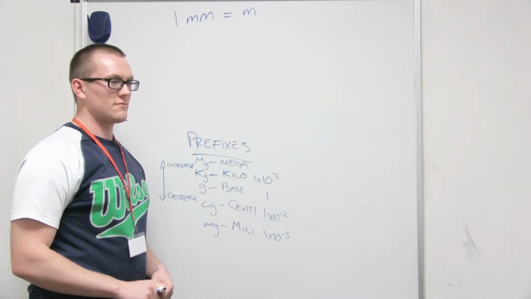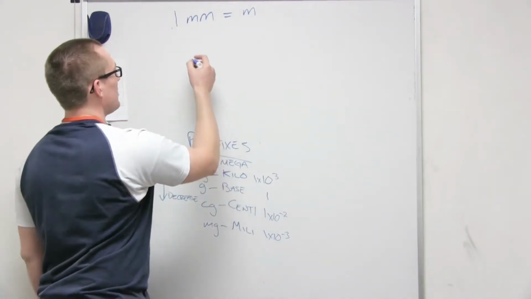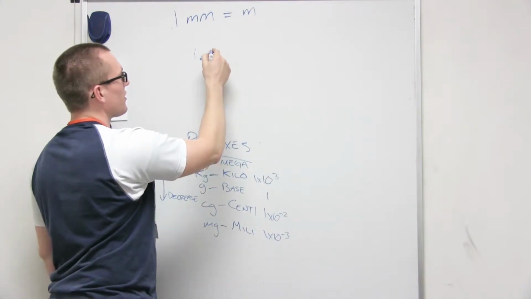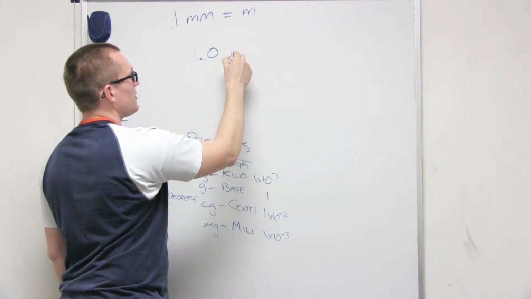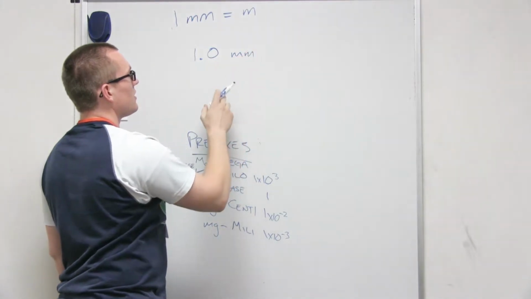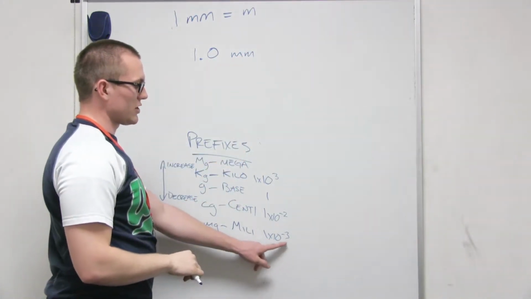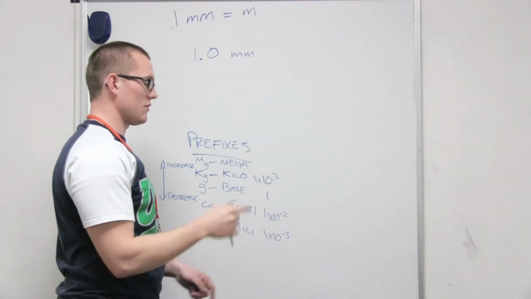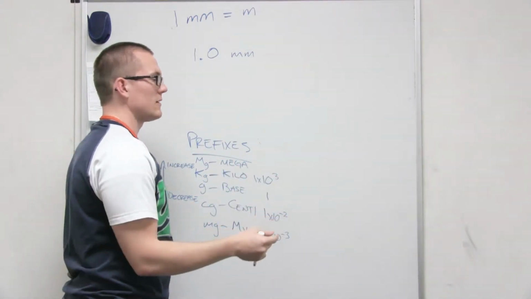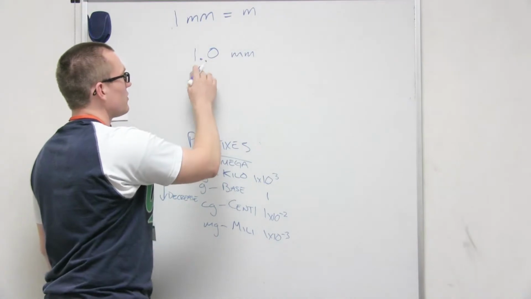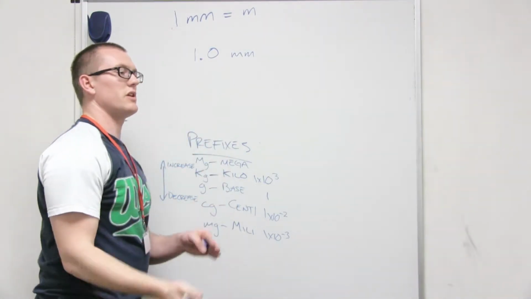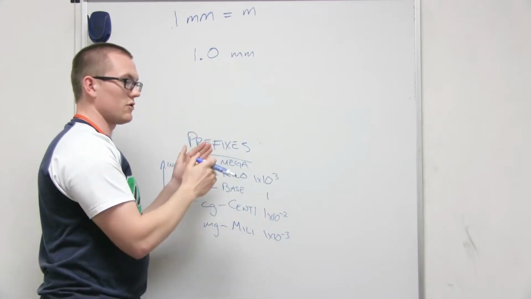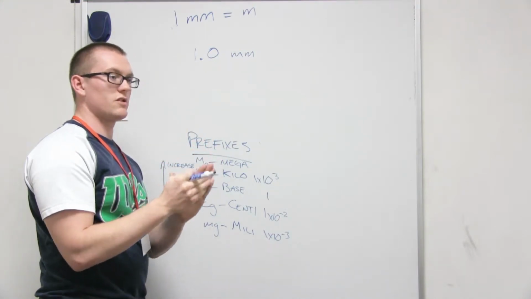equals 1 meter. If we look at this, the decimal point is right after the 1, so this is 1 millimeter. And we know that millimeter is smaller by 3 degrees, so 3 decimal places. Whenever you go from something smaller to something larger, move the decimal point to the left.